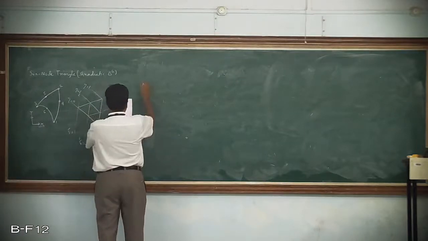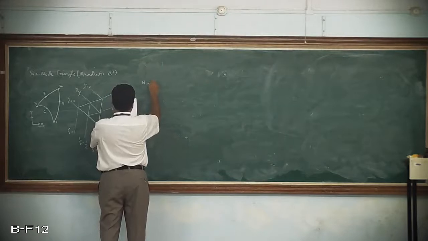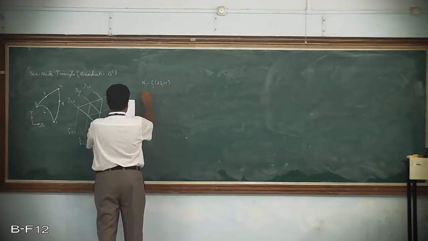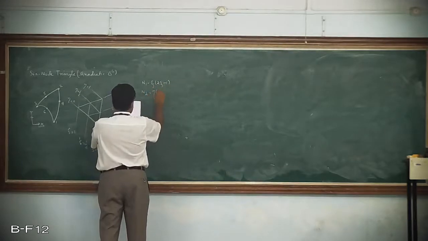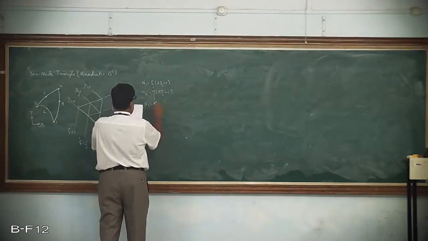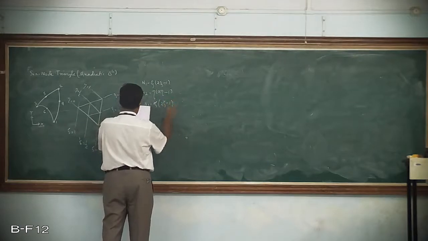Quickly to write, n1 is zeta into 2 zeta minus 1, n2 is eta into 2 eta minus 1, n3 is gamma into 2 gamma minus 1.